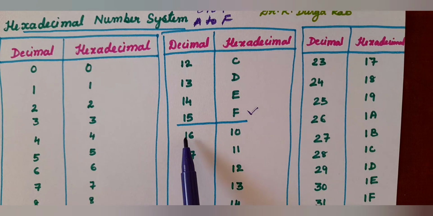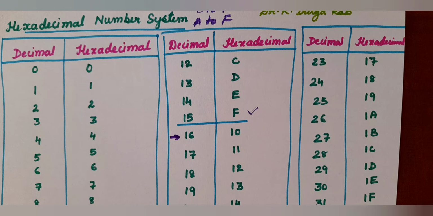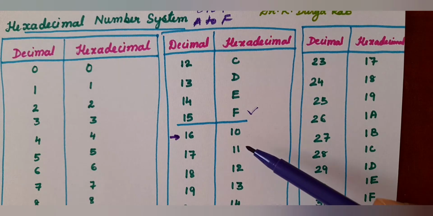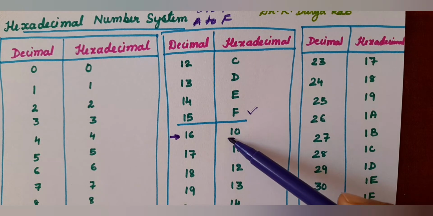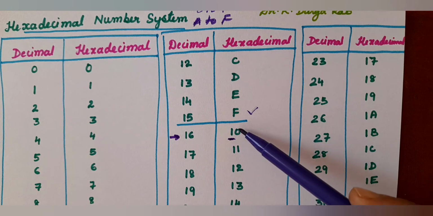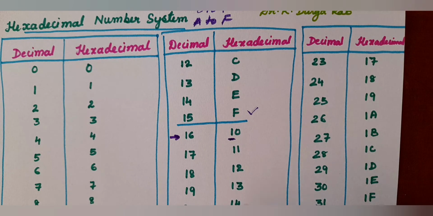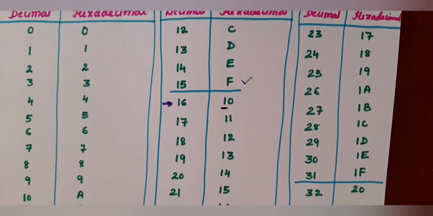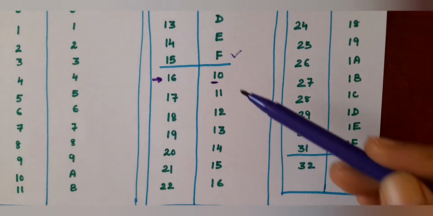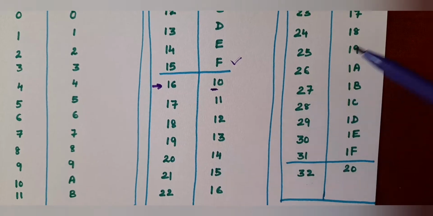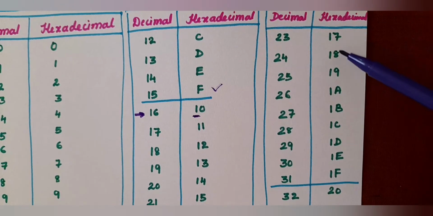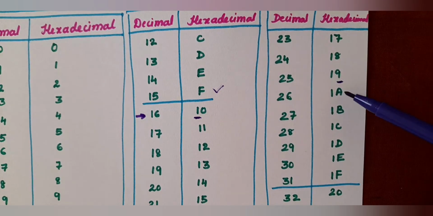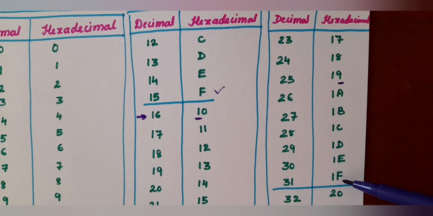Now, for decimal 16 you have to start a new series, that is the 1 series. So, what will the second or LSB digits be now? 0, 1, 2, 3, 4, 5, 6, like this it will go on. 7, 8, 9 and after 9, A, B, C, D, E, F. Okay?